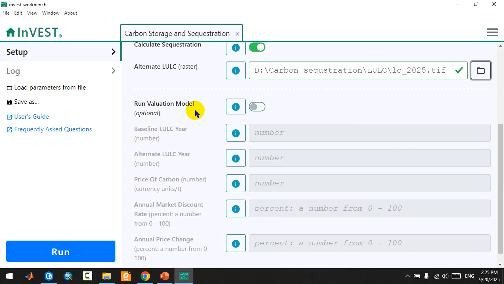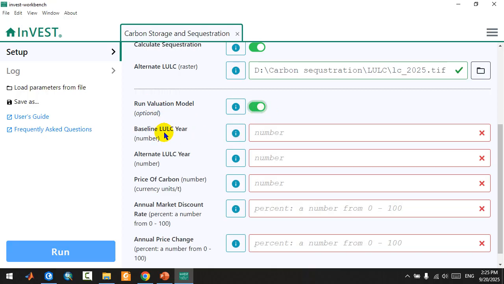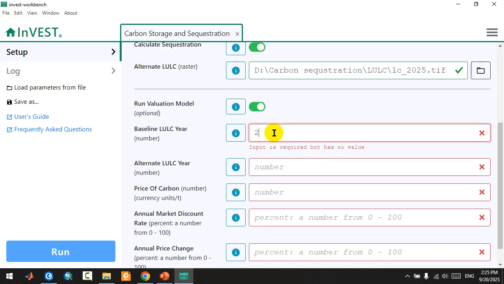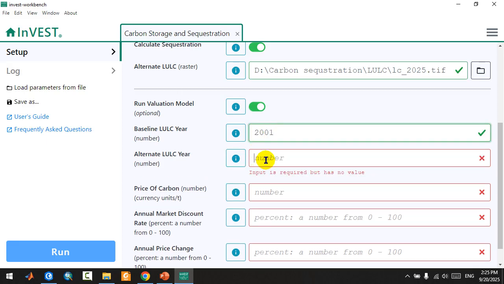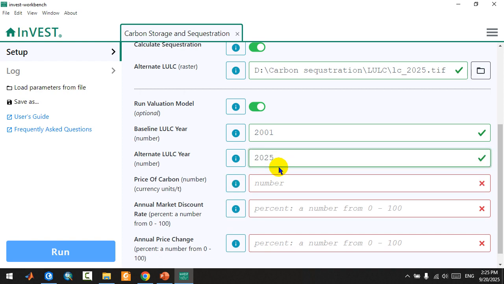Run valuation model for the price of carbon and the discount rate. Okay, yes, active. Baseline LULC year is 2001. The alternative LULC year is 2025.